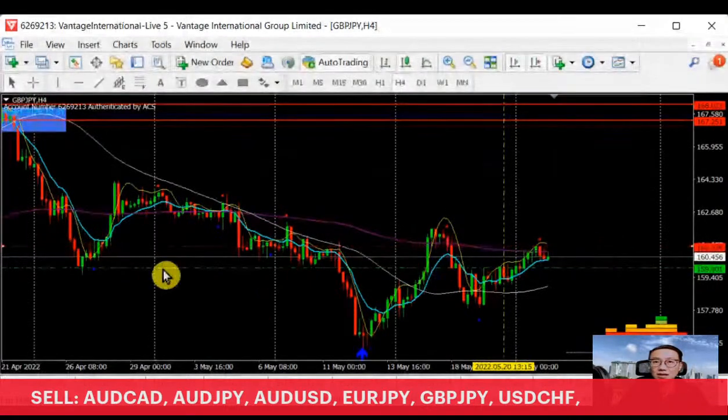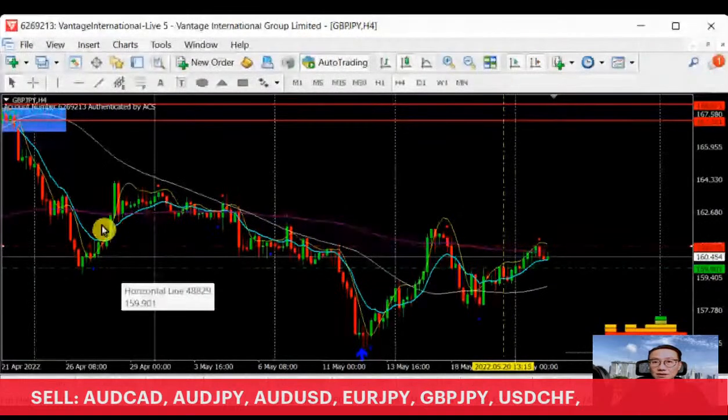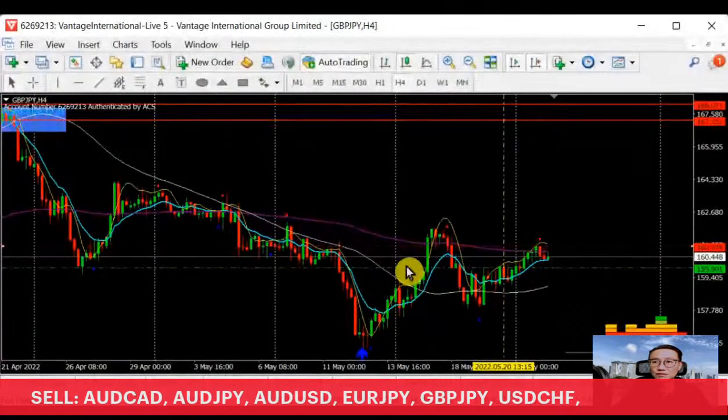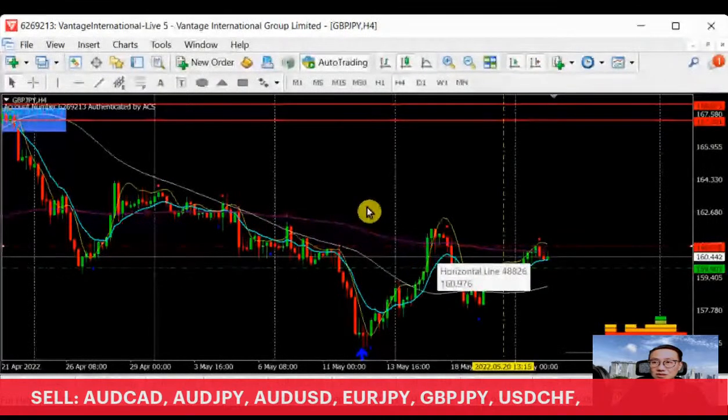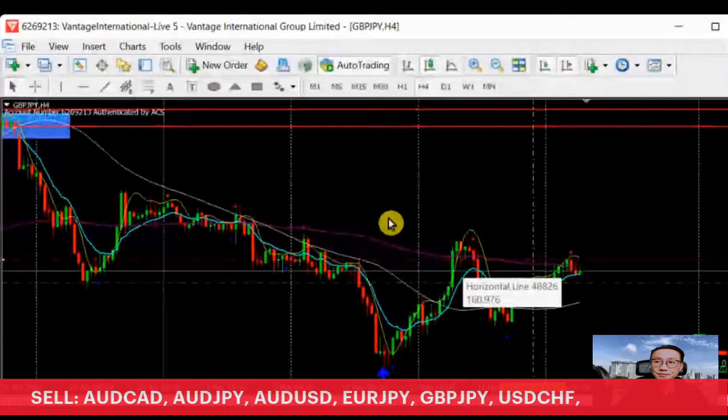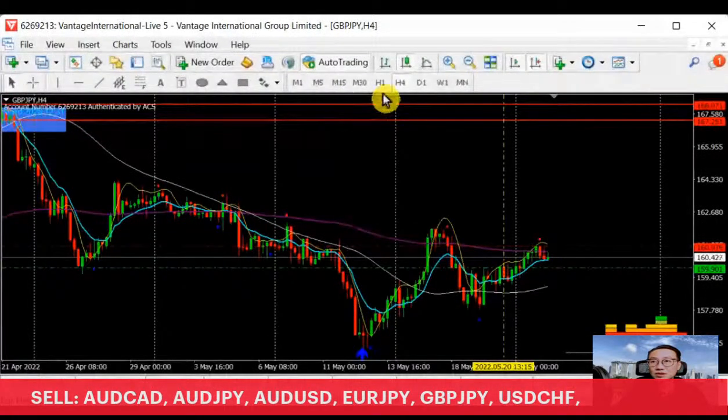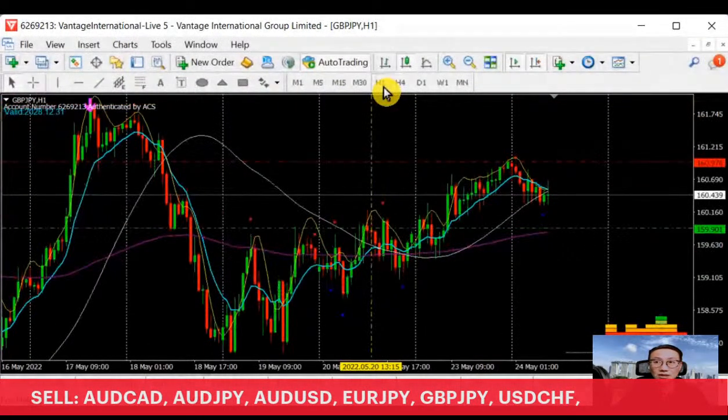As we can see, from far left over here, we have a support that became a resistance, and the previous support has become a resistance as well right now. So this is still rated as a resistance over here. That means the resistance level is still a bit higher, which is yesterday's high over here.